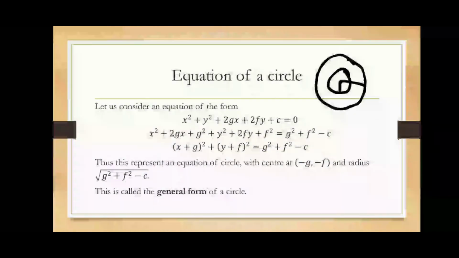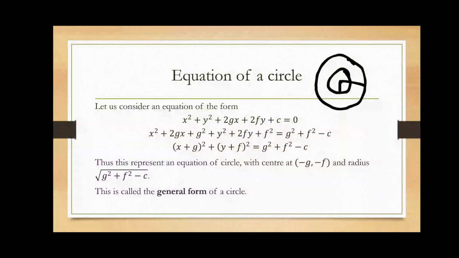If the first radius is r1, the other will be r2. As it is concentric, this center is going to be the same. There is going to be no change in it.